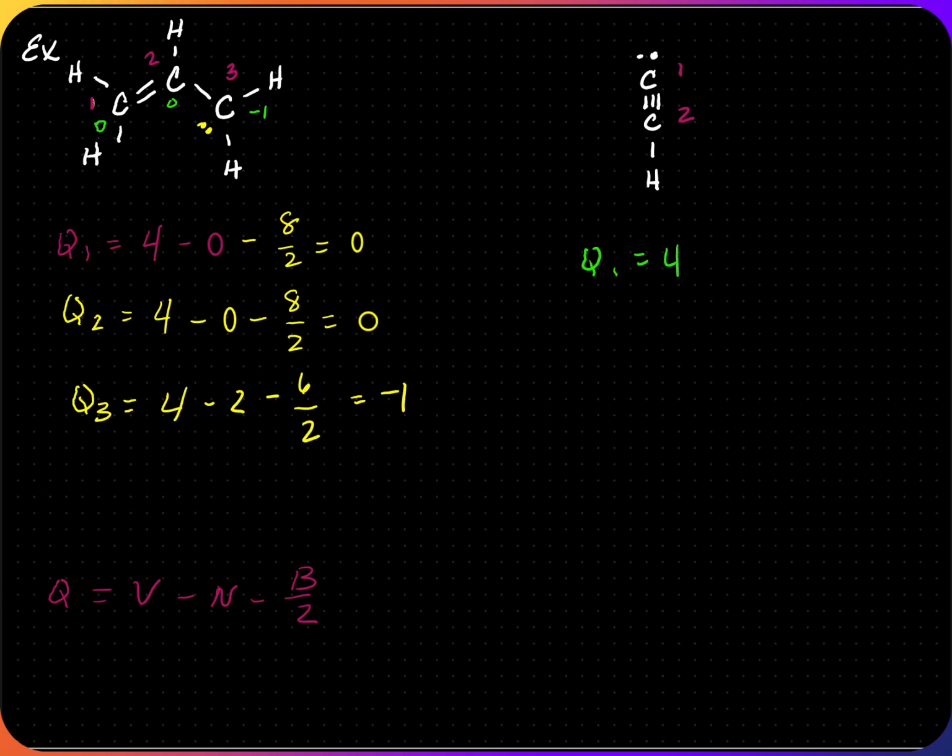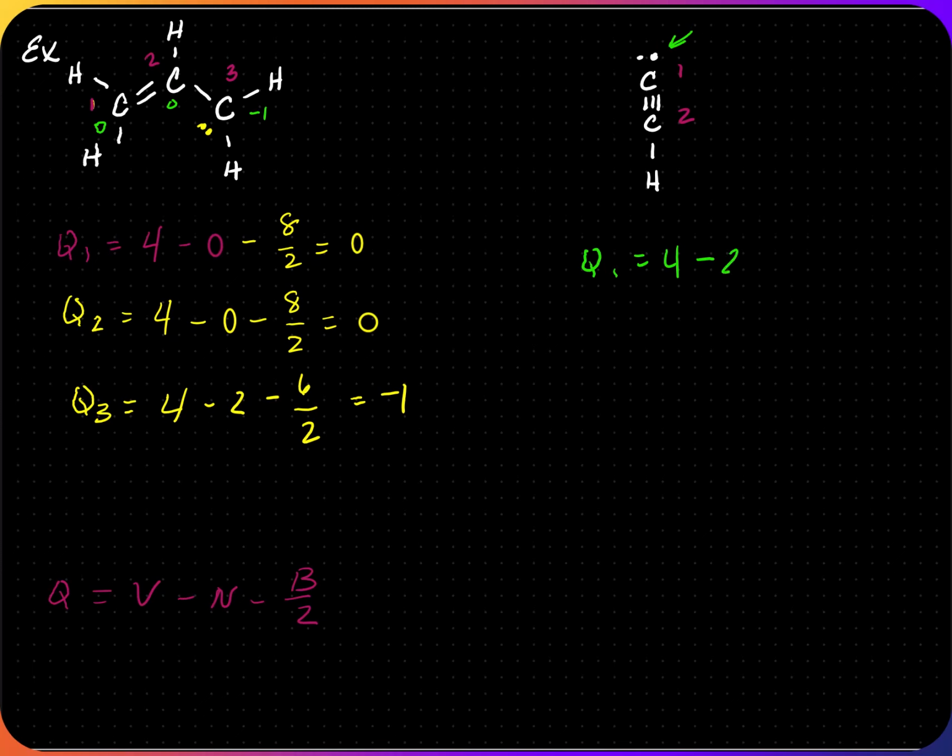Again, carbon has 4 valence electrons. The top one has 1 lone pair, which is 2 non-bonding electrons. It has 6 electrons from its bonds, because if I count here, there are 3 bonds divided by 2. Charge is minus 1.